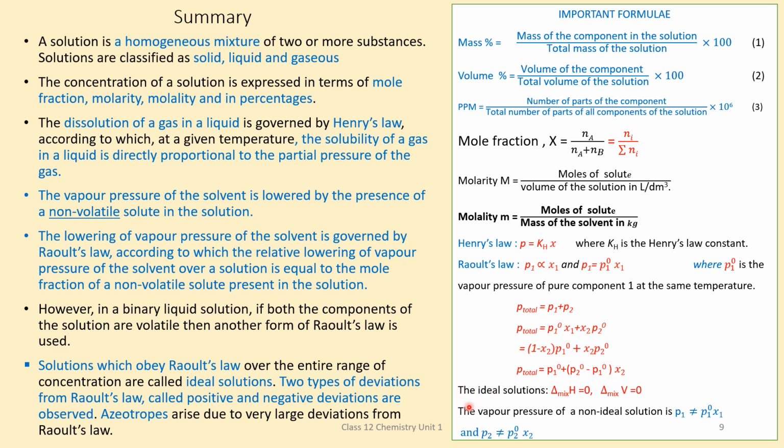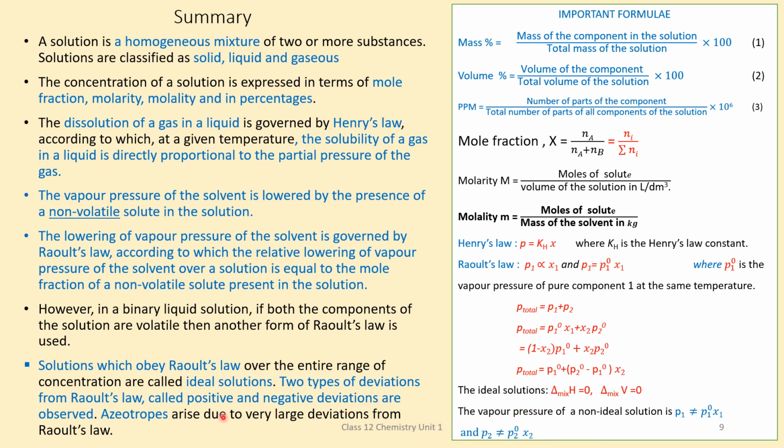For ideal solutions, delta H is equal to 0. That is, the total change in heat is 0. Similarly, change in volume is also 0. For a non-ideal solution, P1 is not equal to P1 naught x1, and P2 is not equal to P2 naught x2, because they don't obey Raoult's law.